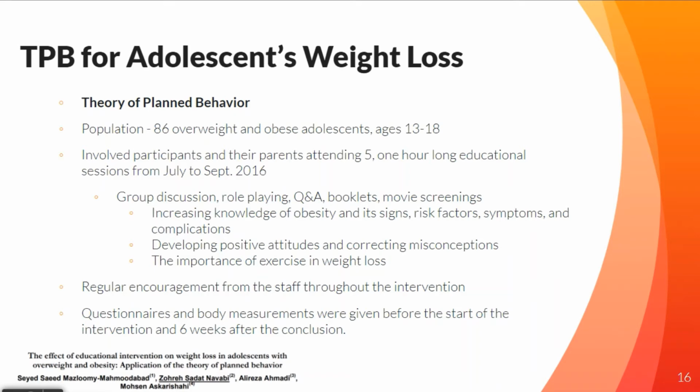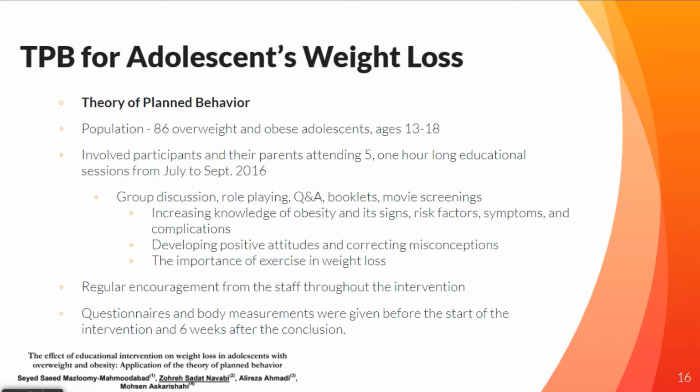Within these sessions, there were group discussions, role-playing, question and answer sessions, booklets, and movie screenings, which had a goal to increase knowledge of obesity and its signs and risk factors, as well as symptoms and complications, trying to change the attitudes and correct misconceptions regarding obesity, the risk of obesity, and engaging in physical activity.